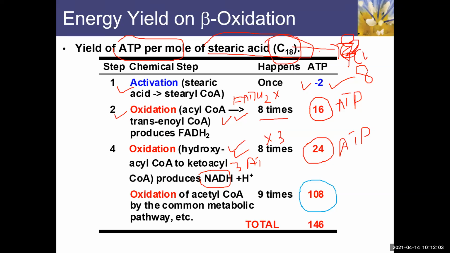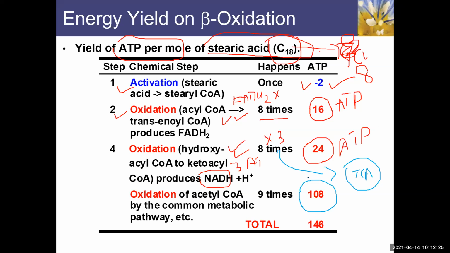Remember once again, one acetyl CoA molecule will enter into the TCA cycle and produce 3 NADH, 2 FADH2 and 1 GTP.